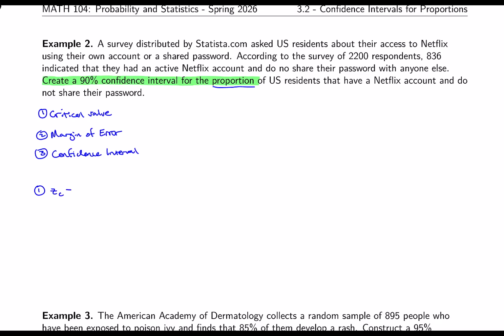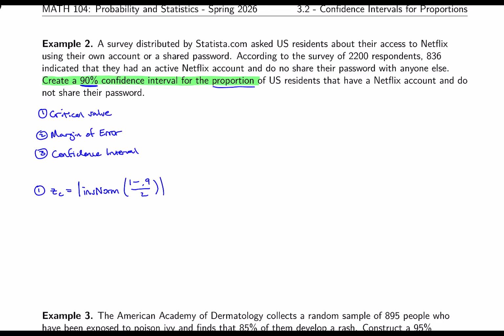This was the same formula with respect to proportions as it was with the mean. It's just the inverse norm of 1 minus the level of confidence, and we're being asked to use a 90% level of confidence, so 1 minus 0.9, divided by 2. We put that value into inverse norm, and then we take the absolute value.